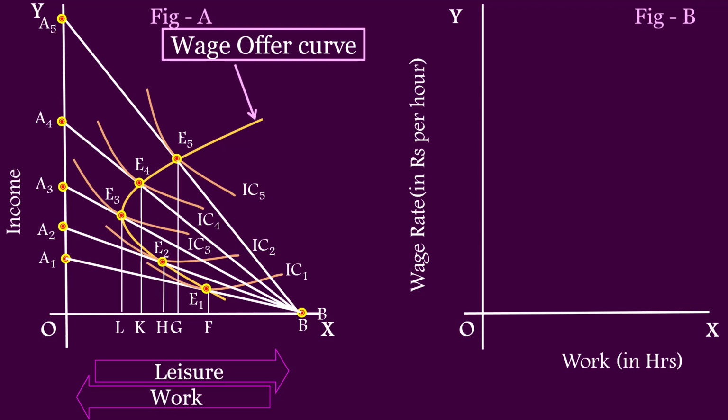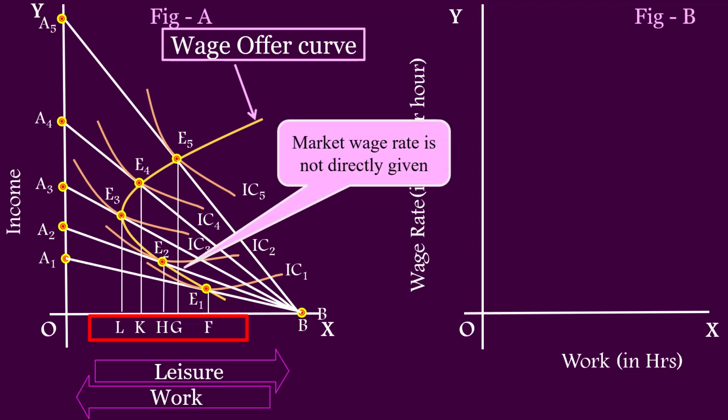In the wage offer curve, information about hours of work is directly given, but market wage rate is not directly given. Wage rate is indirectly given. The slope of the wage line is the market wage rate. Thus, from the wage offer curve, we shall derive the supply curve of labor.